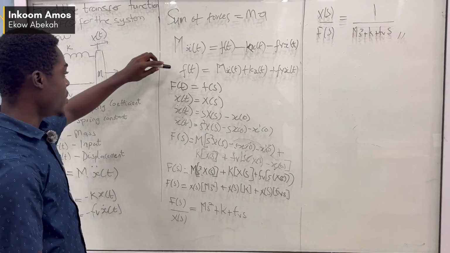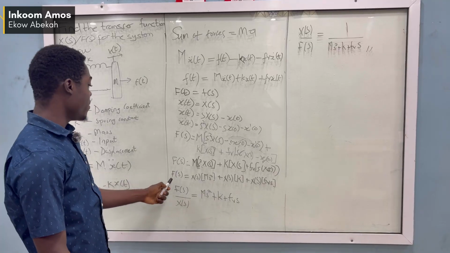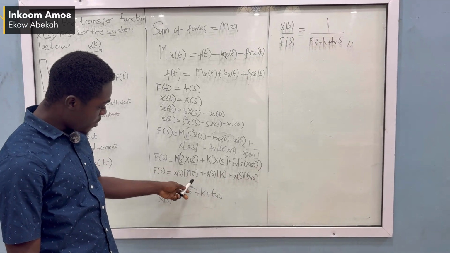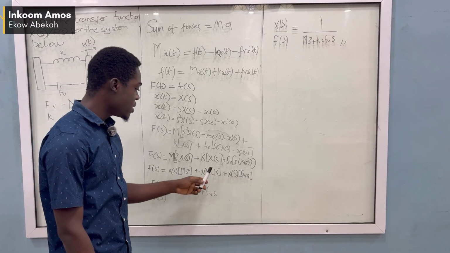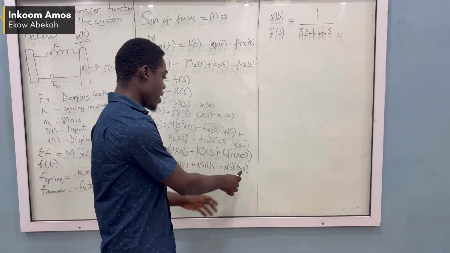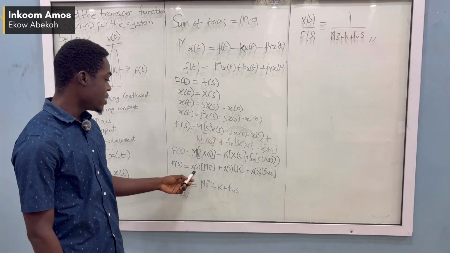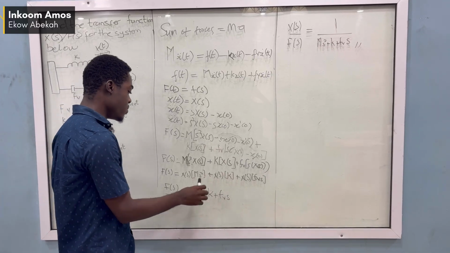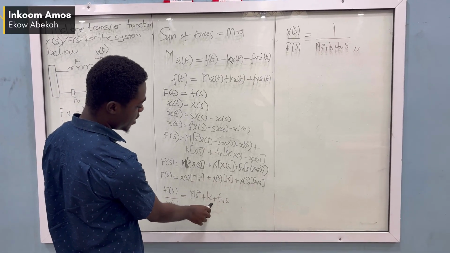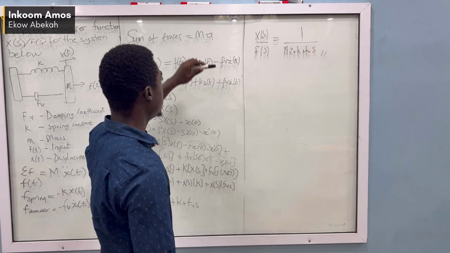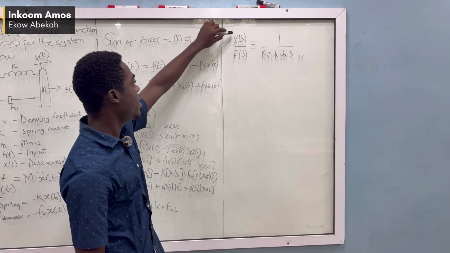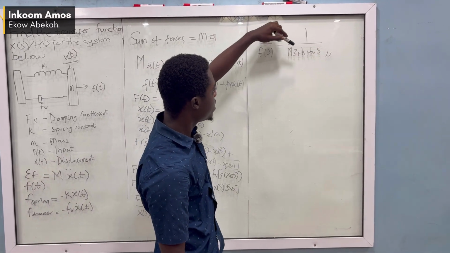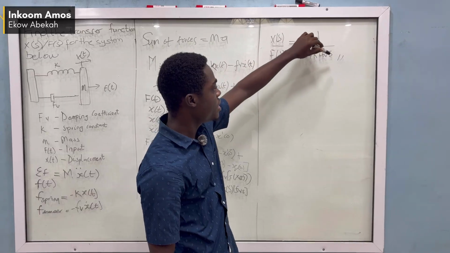Using the Laplace transform, we got F(s) equal to X(s) times (m s squared plus k plus Fv s). Factorizing X(s), we get F(s) over X(s) equal to m s squared plus k plus Fv s. And since the question states that we should get X(s) over F(s), we reciprocate it to get 1 over (m s squared plus Fv s plus k).